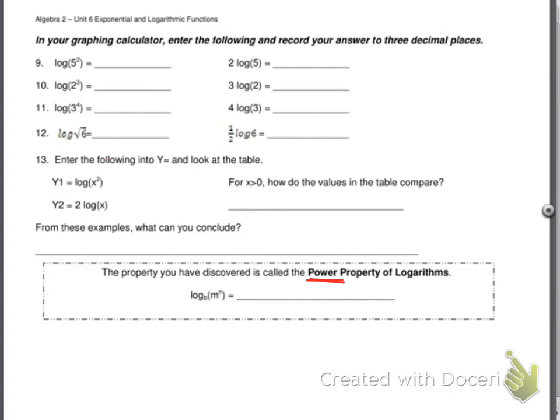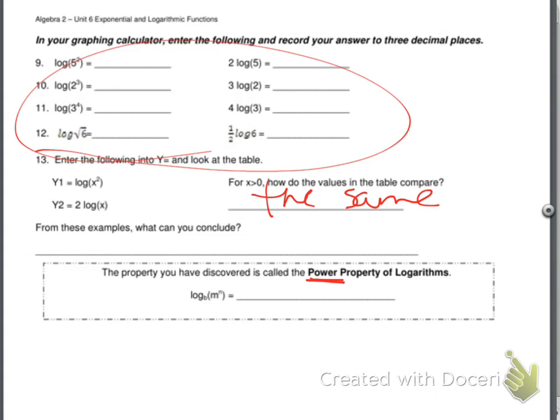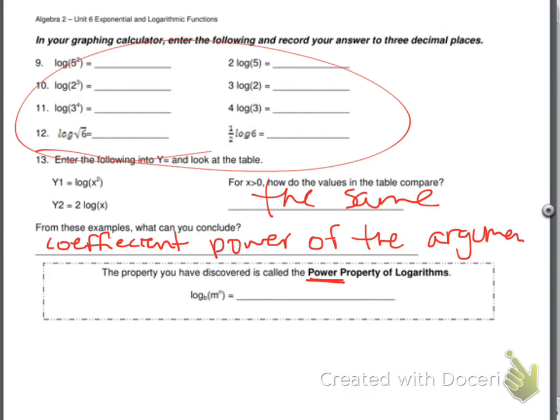Okay, so once again, you should have done these, and they should be the same. From the examples, you can conclude that if there's a number out in front, then you move that to be the power of the argument. So any coefficient should be the power of the argument.